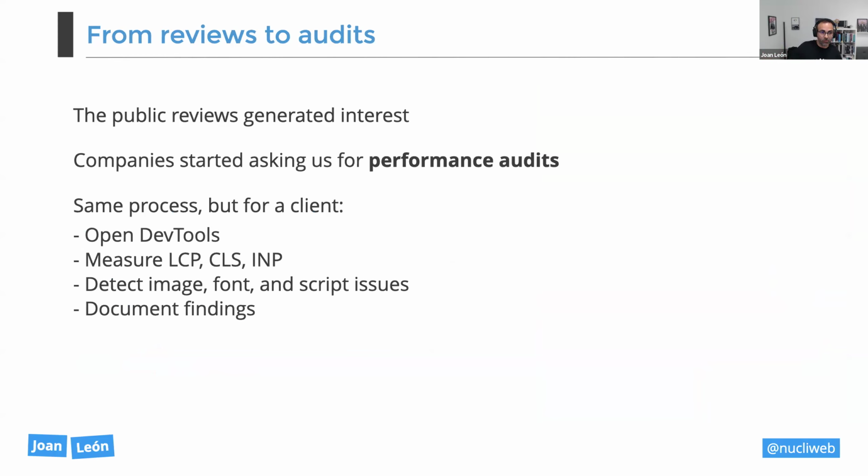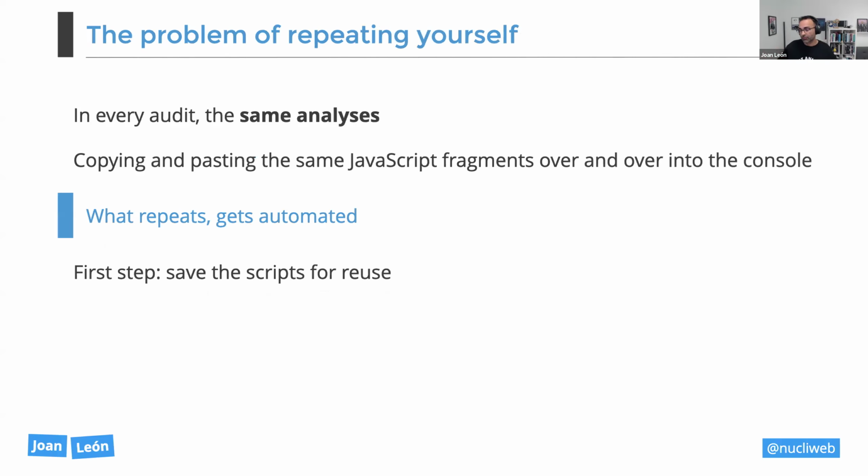Open the developer tools, measure the LCP, the CLS, the INP, FID back then. Detect issues with images, fonts, scripts, and document findings to share with the tech teams, and define some guidelines to fix the issues.